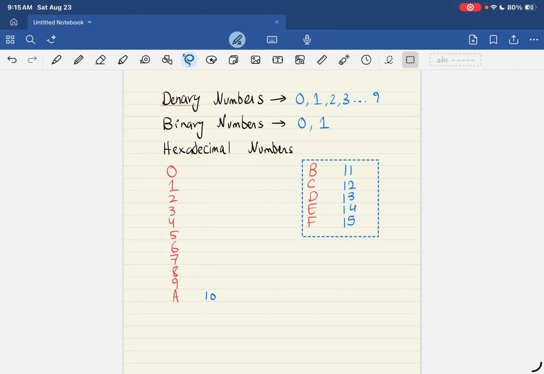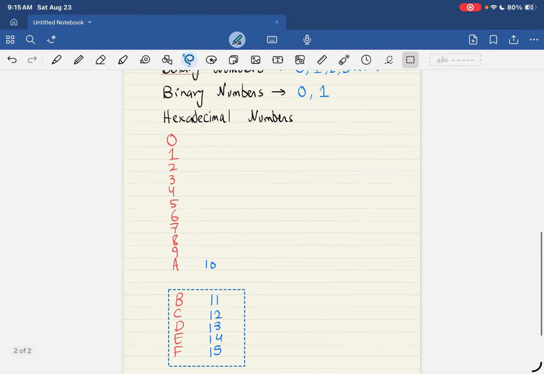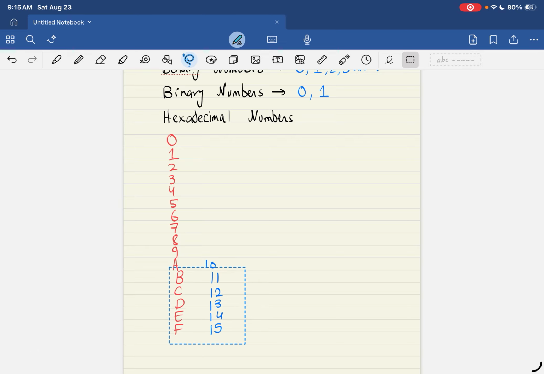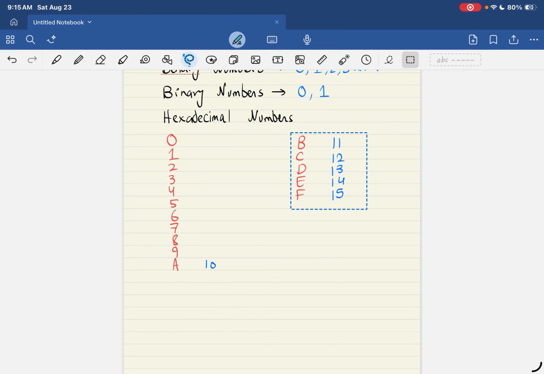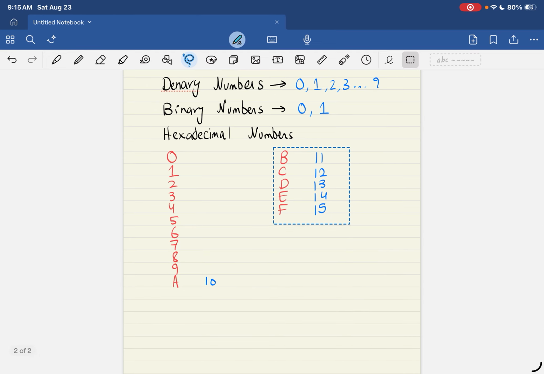The English letters that we get after 9 are basically just a different way of representing the same denary values all the way till 15.